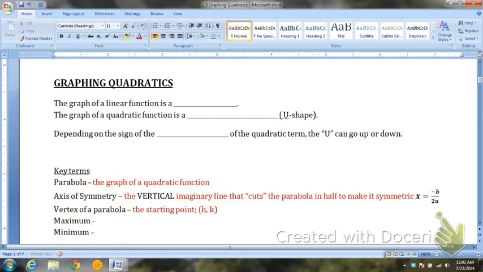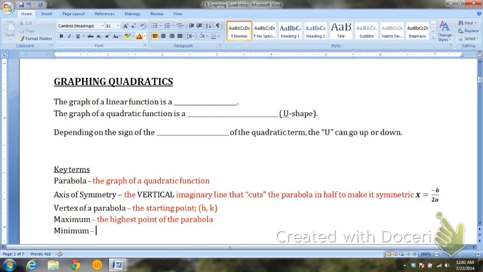The maximum on the graph is the highest point of the parabola. So the maximum is the highest point. That makes sense, right? Maximum. The highest point of the parabola is the maximum, which then means the minimum is the lowest point of the parabola.